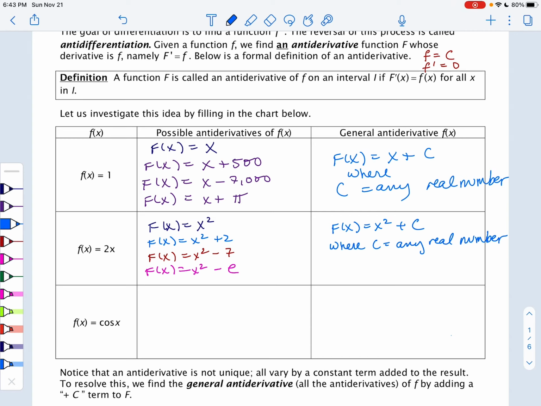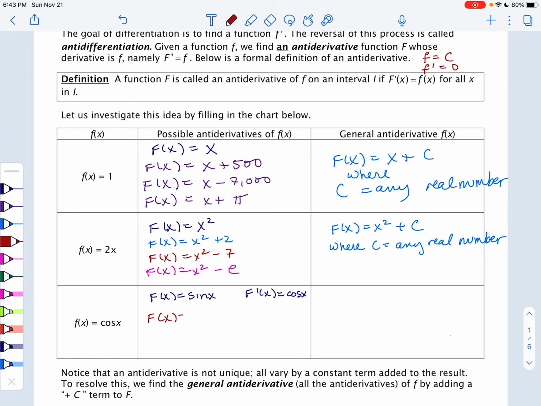So we can build on that with our transcendental functions. What function has derivative equal to cosine x? I know that sine x, because we know that the derivative of sine x is going to be cosine x. So we can think of other antiderivatives. We can have sine x plus pi.